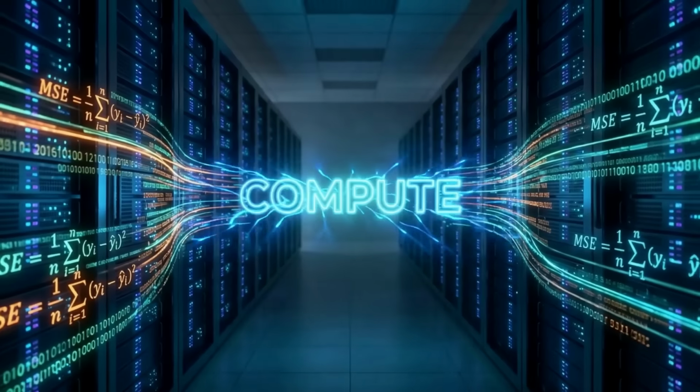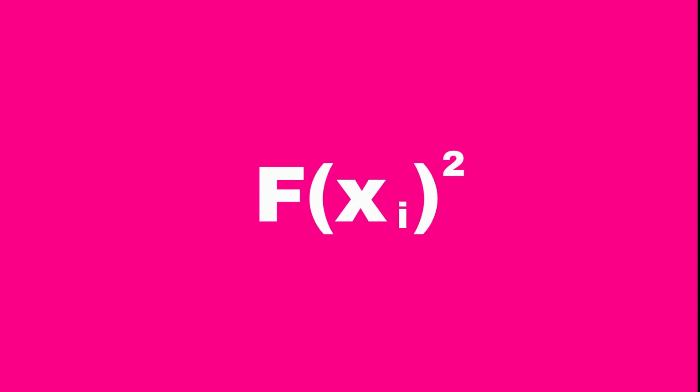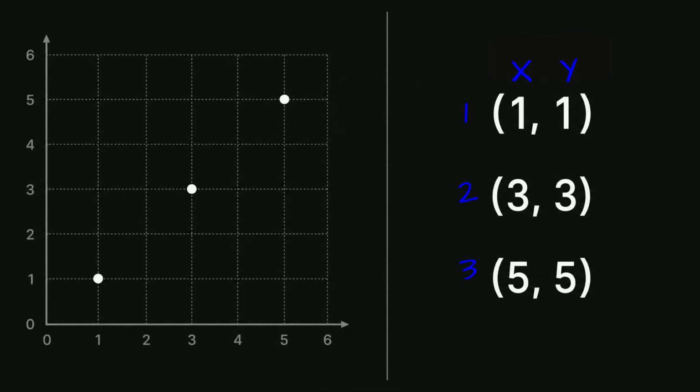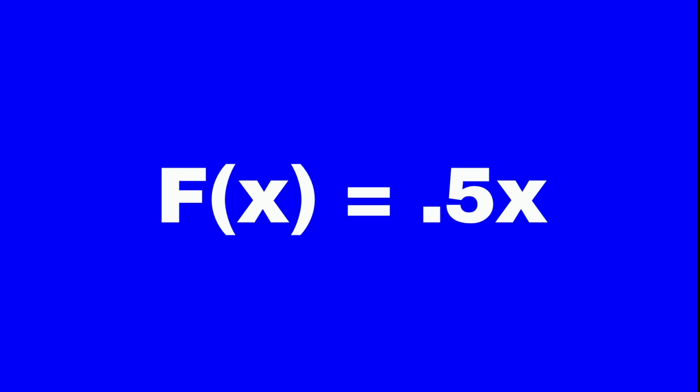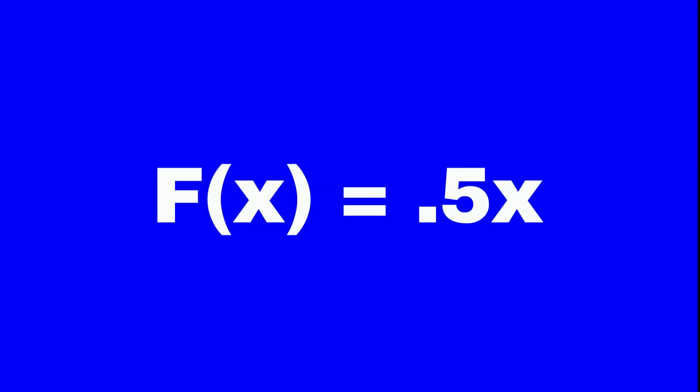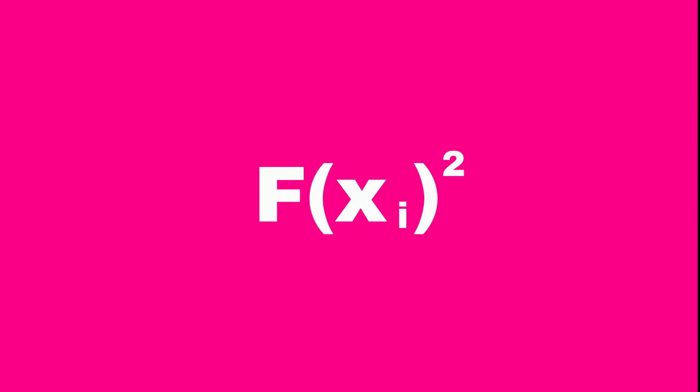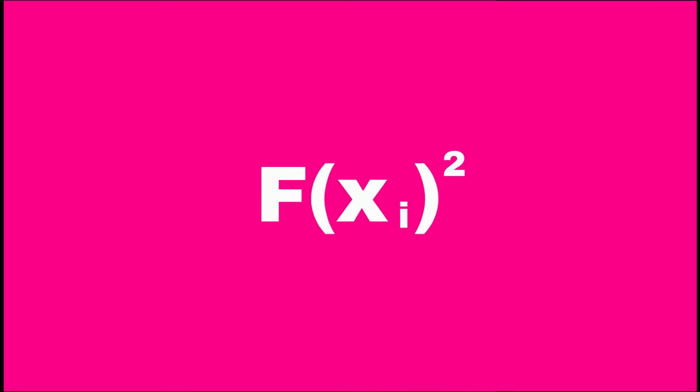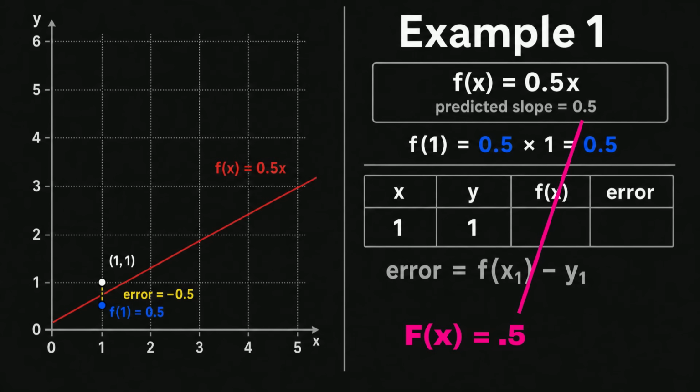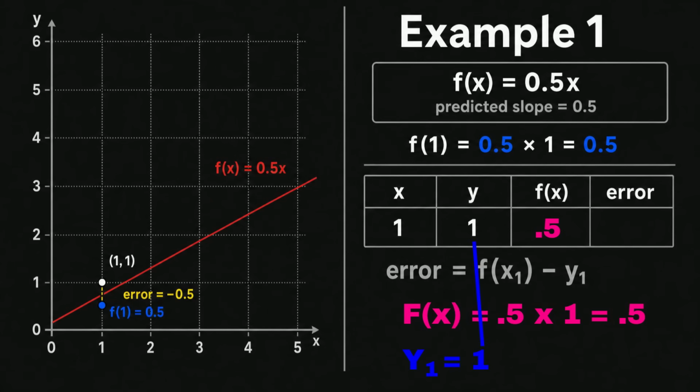So our first example, compute f(xi) and its squared error. From the table, we'll start with x1 equals 1 and y1, which also equals 1. Our model is f(x) = 0.5x. Therefore, f(x1) equals 0.5 times 1, which equals 0.5. And then our y1 equals 1.